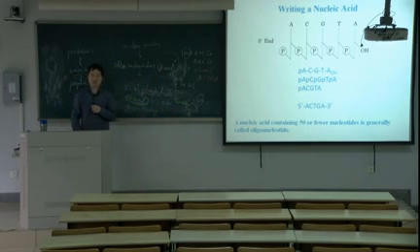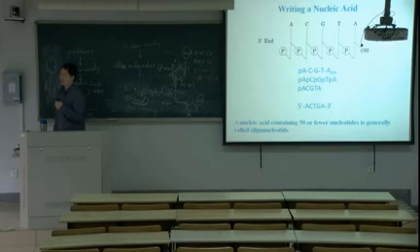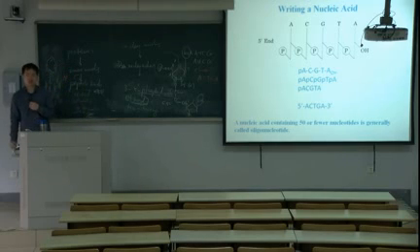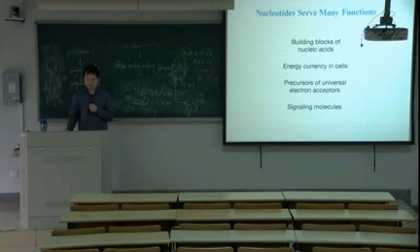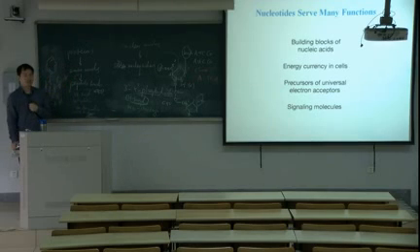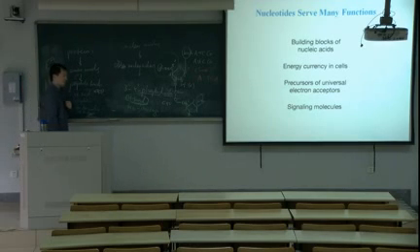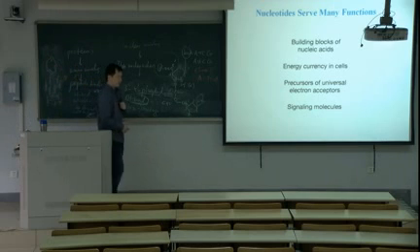So this is just convention. By convention, all proteins are written from N-terminal to C-terminal. All DNA or RNA are written from 5' to 3'. And so this is about the structure of nucleotides and the nucleic acids.